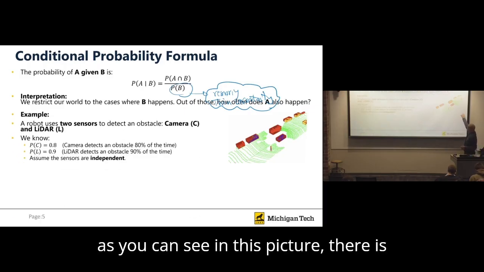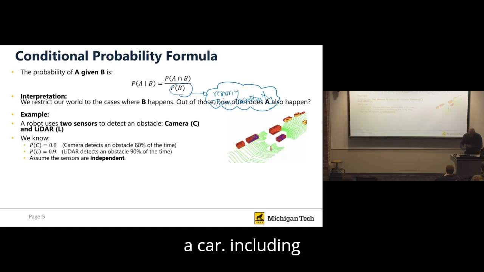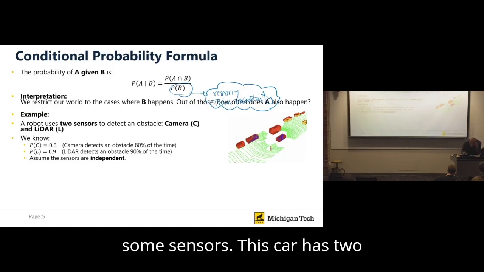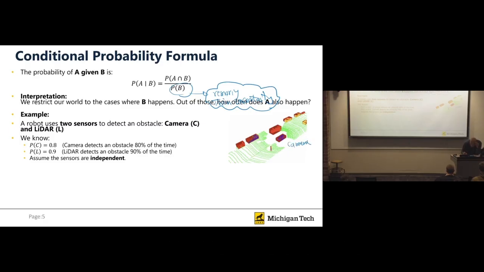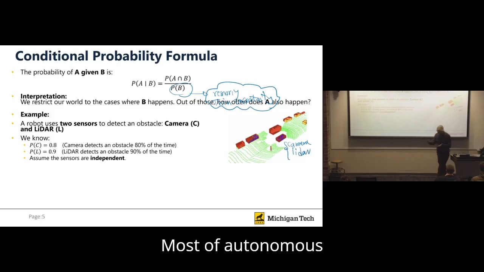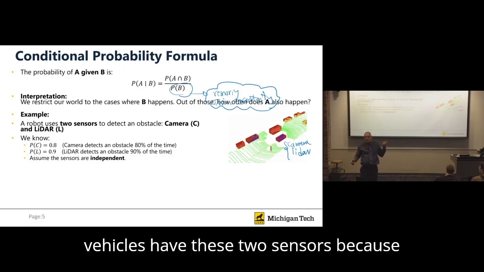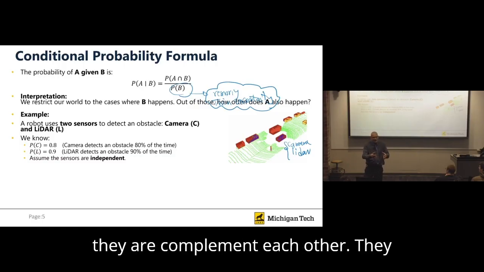As you can see in this picture, there is a car including some sensors. This car has two sensors, camera and LiDAR. Most autonomous vehicles have these two sensors because they complement each other.